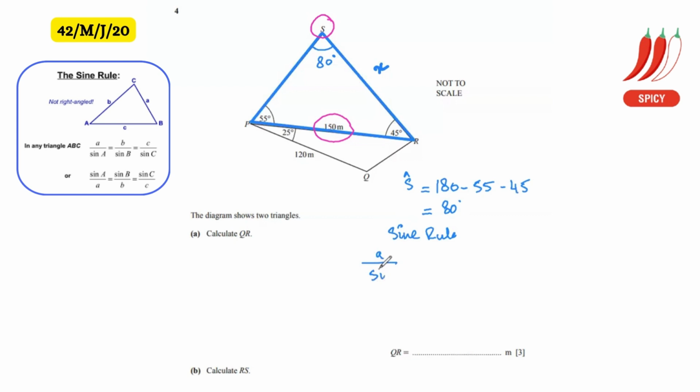a over sine of angle A, which means if this is angle S, this is length of S. This is angle P, this is length of P. This is angle R, this is length of R. So a over sine of angle A equals b over sine of angle B equals c over sine of angle C. The capital ABC represent the angles and the small abc represent the lengths.